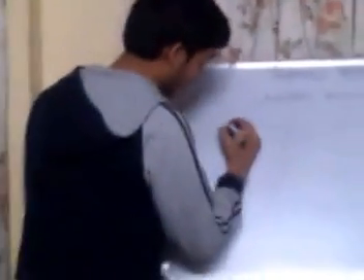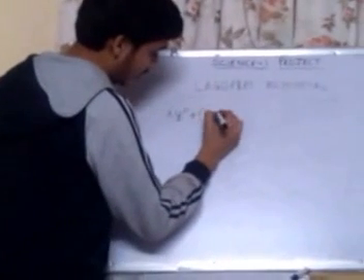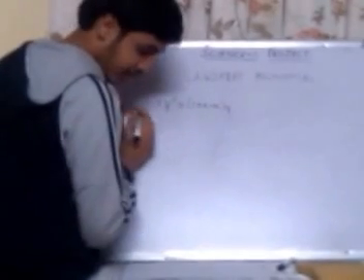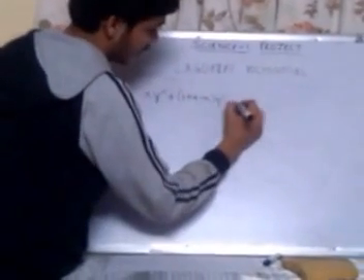These Laguerre polynomials are basically formed as a result of a differential equation, and the differential equation is x y double dash plus 1 plus alpha minus x into y dash plus ny is equal to 0.